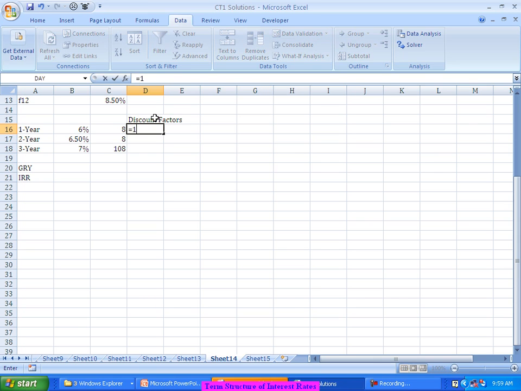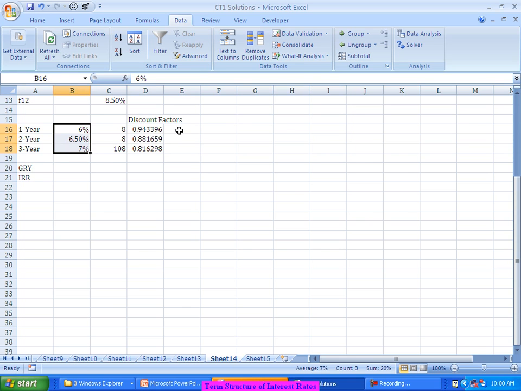So I'll take it as 1 by 1 plus this particular spot rate to the power 1. This is the discount factor. Then 1 by 1 plus this spot rate to the power 2, and 1 by 1 plus this spot rate to the power 3. These are the discount factors associated with each of the 3 periods based on the spot rates.